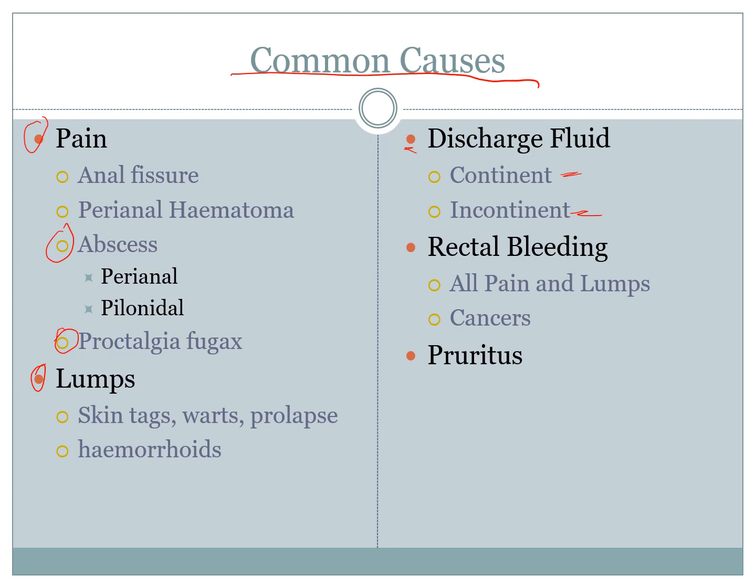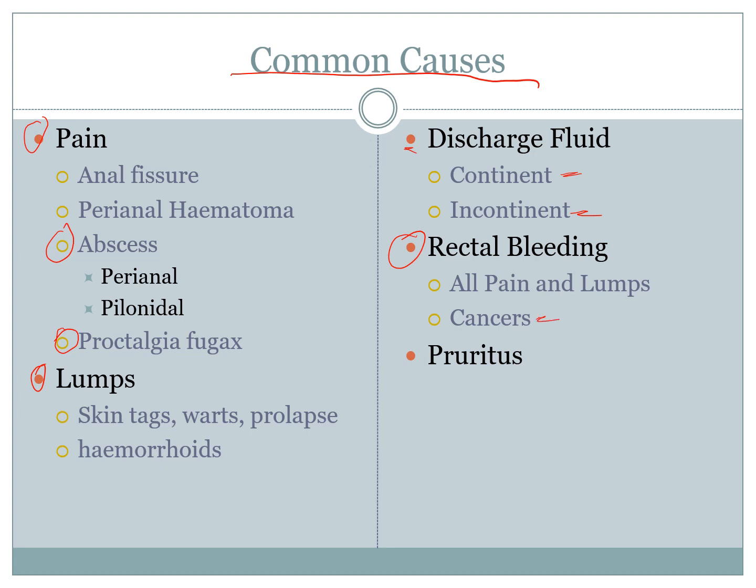Rectal bleeding is unique, and as we go through our subjective questioning, we'll have a deeper look in how to define the type of bleeding that comes out. But just know that pretty much all of the pain, minus the proctalgia, can cause bleeding, as too can all of the lumps. Now, most of the time when the patient has bleeding, people automatically think cancer.